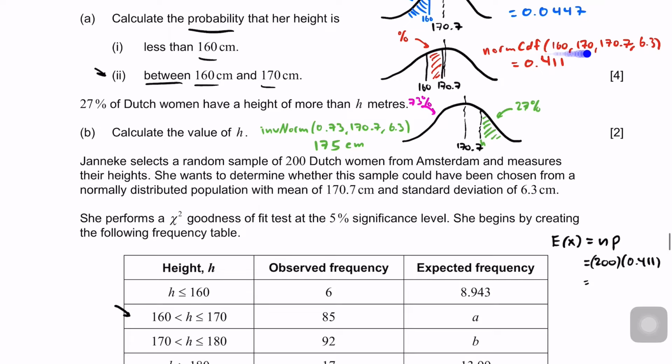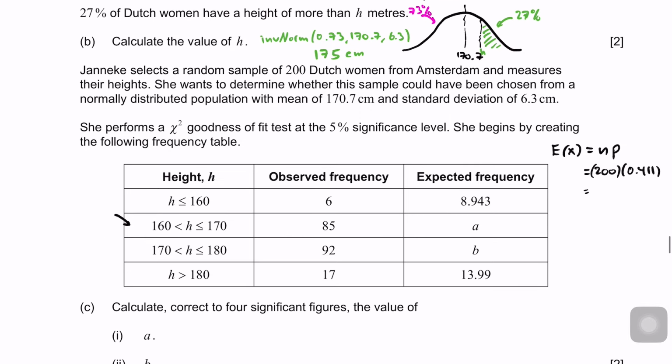That's what this means. So between here, there's roughly 41%, or 0.411, and we would expect, based on this, 41% of our sample of 200 to be within this range.